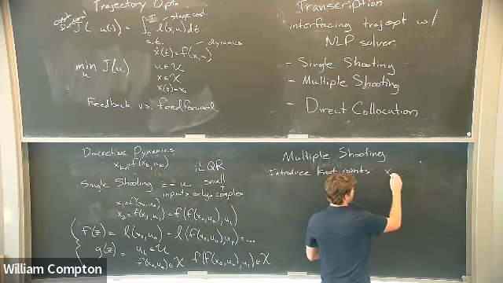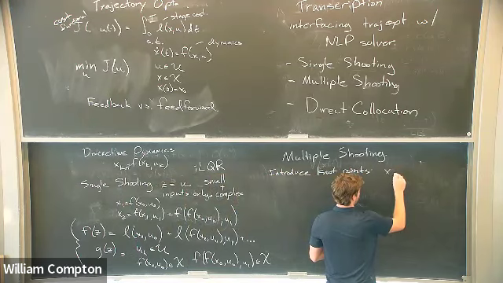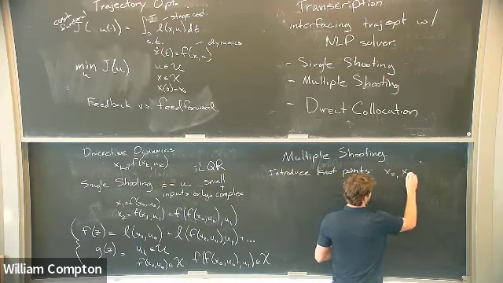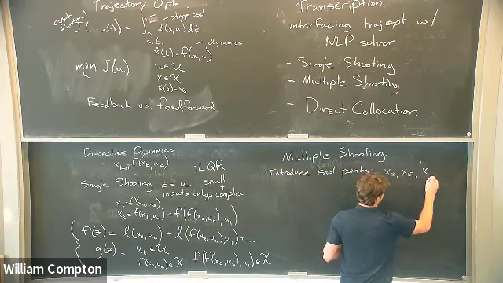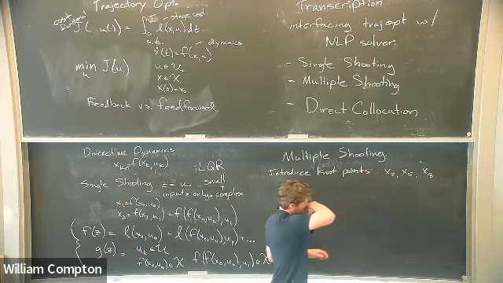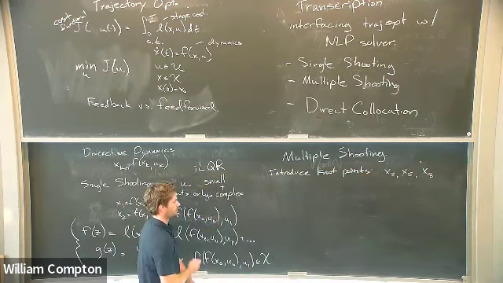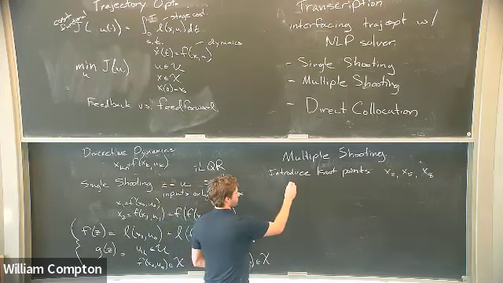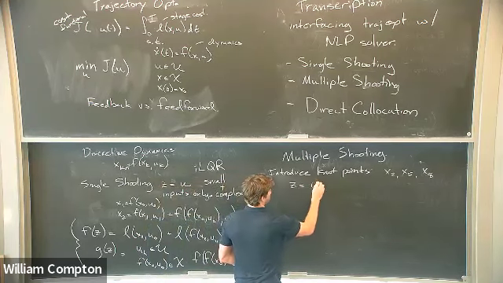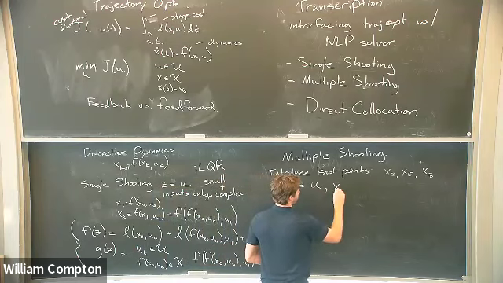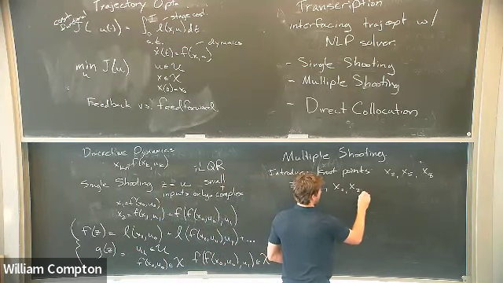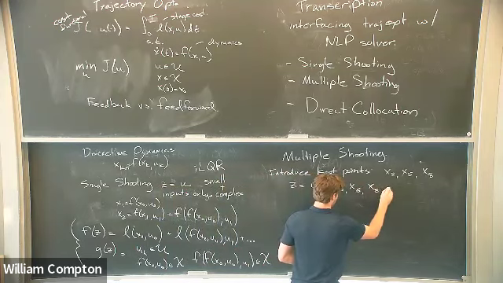I'm going to say, for instance, that we choose x2, x5, x8. And now our decision variables, z, are going to be all the u's and also some of the x's, like x2, x5, x8.